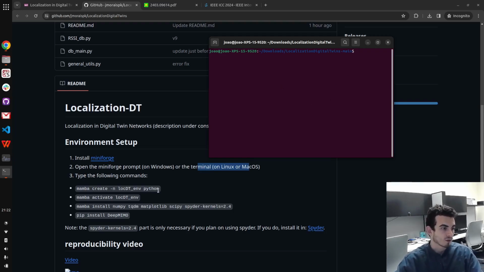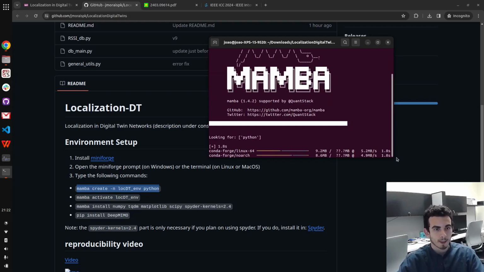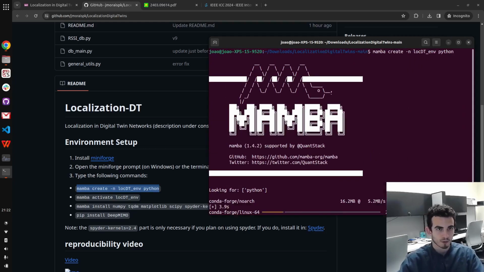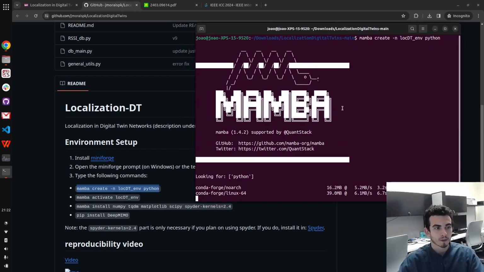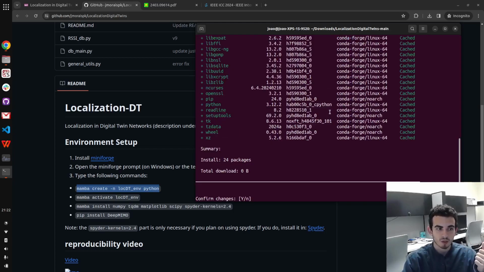Now you just have to type these commands, and I'm going to paste them and accept all of them. I'm going to speed up this part for you to see, but essentially I'll meet you at the end.